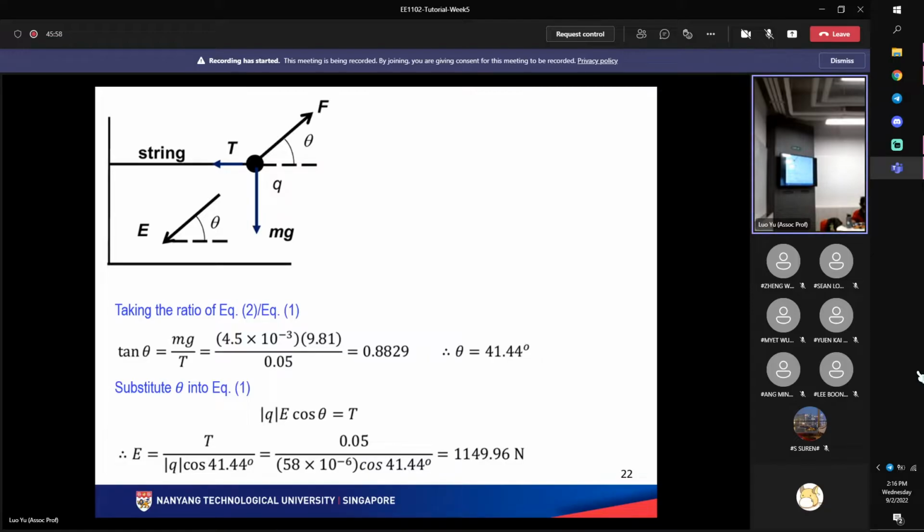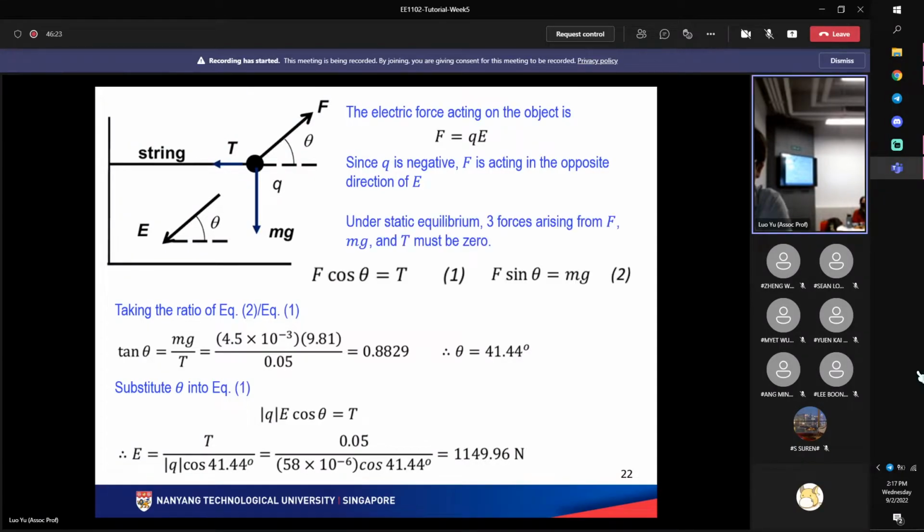Any question here? Okay, so if no question, now we already have the plot of the 3 forces. In the static equilibrium, we want the total force to be 0 along both horizontal and vertical direction. So along the horizontal direction, this is F equal to Q times E. This is the electric force.